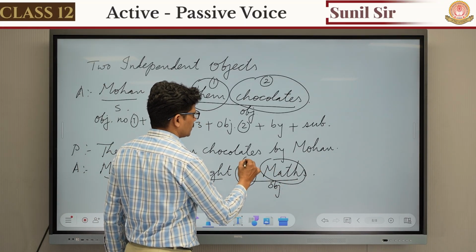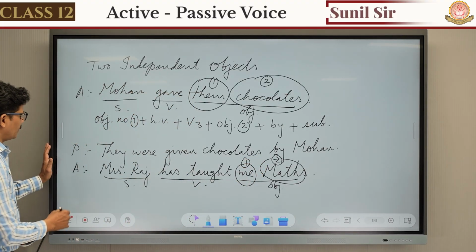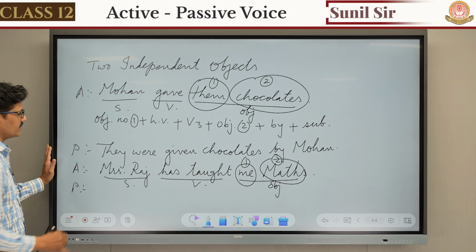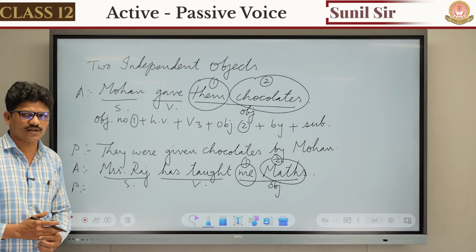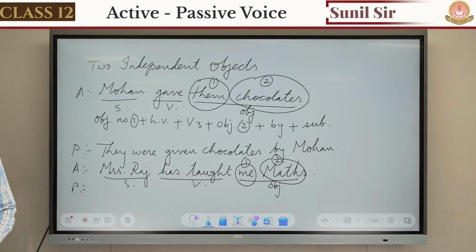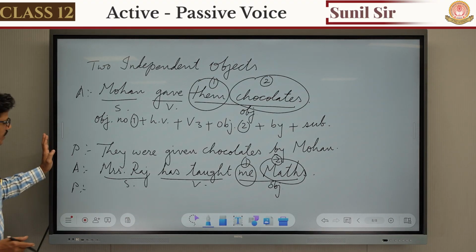So this becomes the first object, this becomes the second object. Which tense is this? Mr. Raj has taught me maths. This is present perfect tense. If this is present perfect, the helping verb is have been or has been.